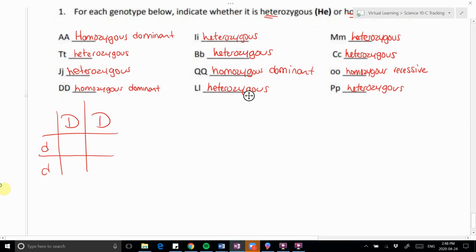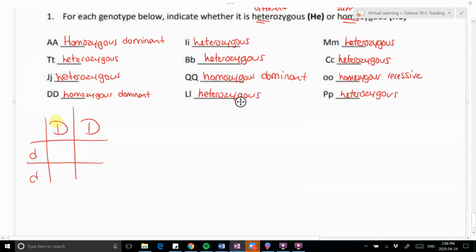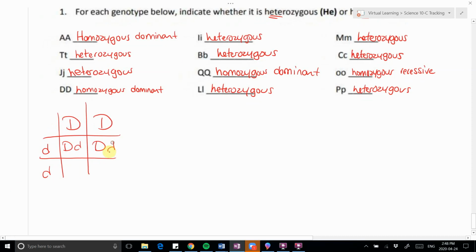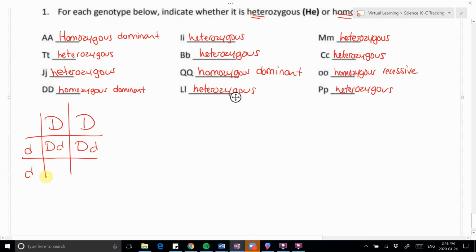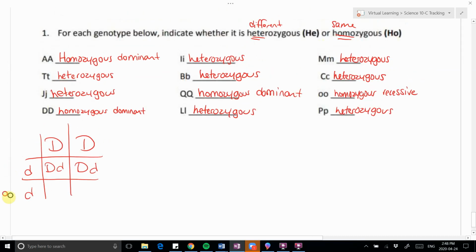So with this first offspring, there's a chance that it's going to inherit this capital D and this lowercase d. There's also a chance that instead of inheriting this capital D, it inherits this one, still inheriting that lowercase. In this child, they inherit capital D, lowercase d. And so we do that for all four. These are all of the possibilities for the offspring.